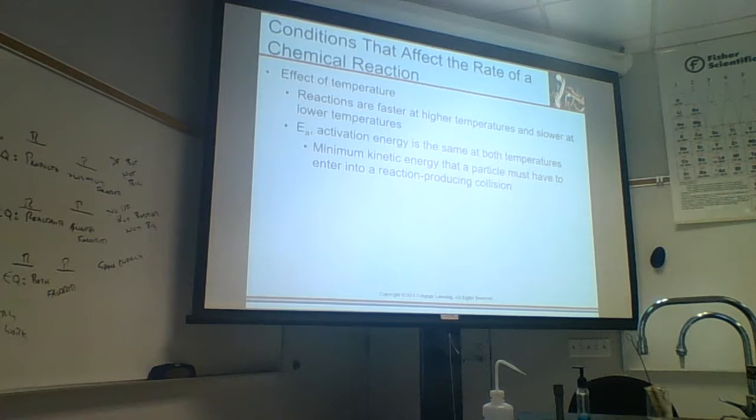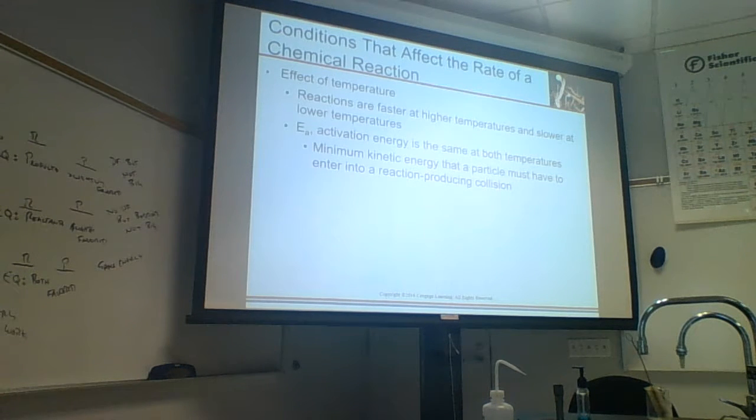So obviously this is going to have a huge impact on how many molecules have sufficient energy to hit the EA. This energy cutoff is the activation energy, EA. And so if the bonds are really strong, the EA increases.